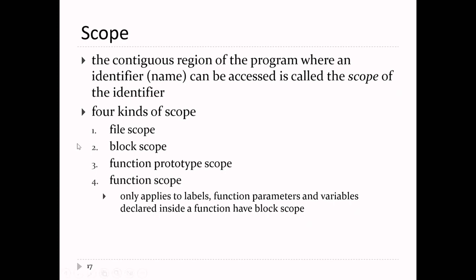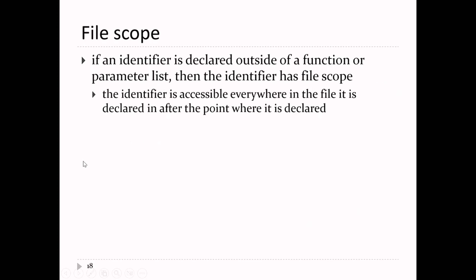C has different types of scope, though. C has file scope, block scope, function prototype scope, and function scope. We don't care about the fourth in this course, but the first two are important. The third one comes up only rarely.